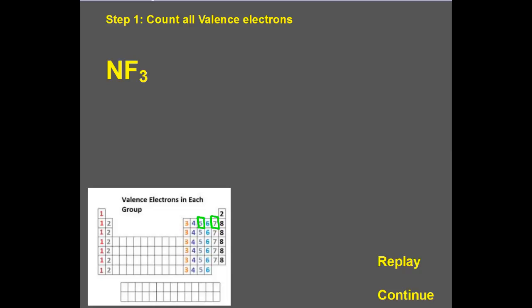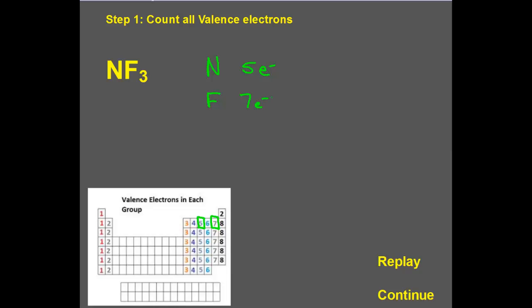And so this table actually just tells us the number of valence electrons. As we compile that, we would add them up by essentially saying that nitrogen has 5 valence electrons, and we just use an E with a negative to symbolize electrons. And fluorine, as you can see, has 7 valence electrons.